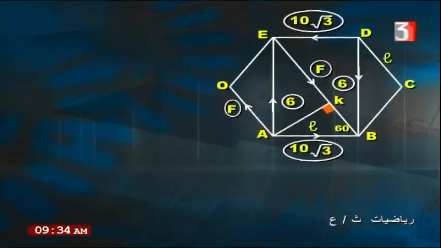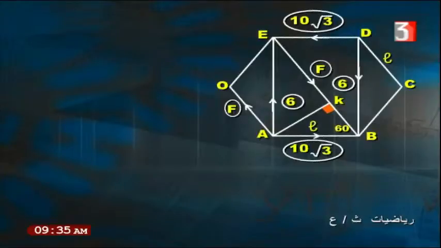Solution. Look at the opposite figure representing the regular hexagon A, B, C, D, E, O. Look at the forces which act at AB, 10 root 3. The forces which act at DE, 10 root 3.